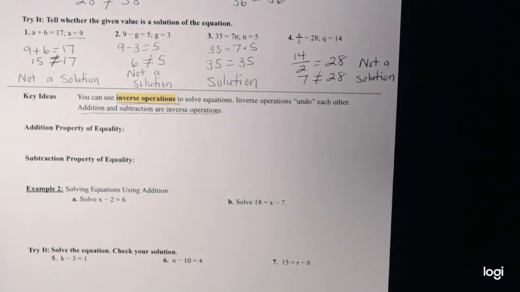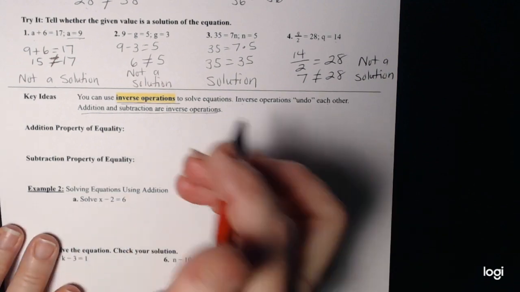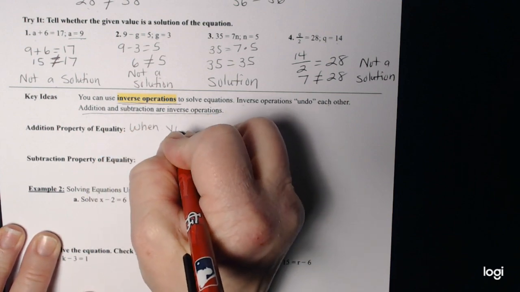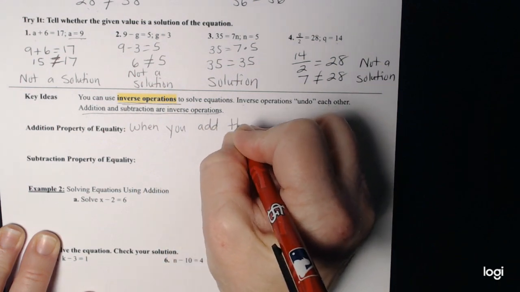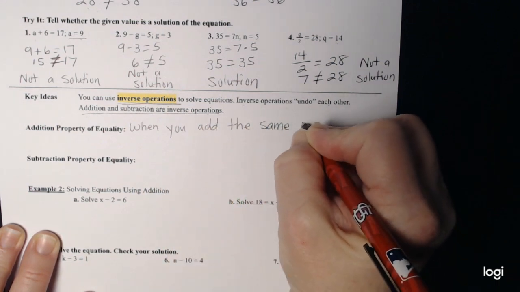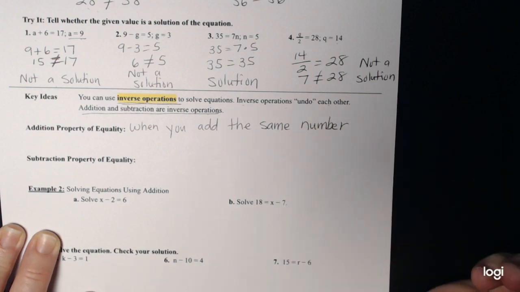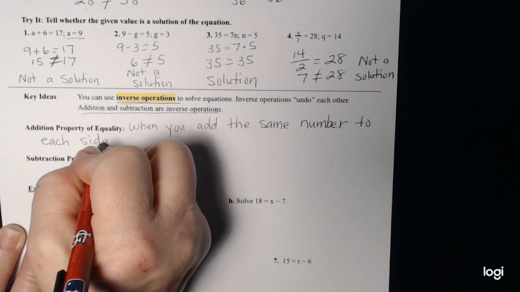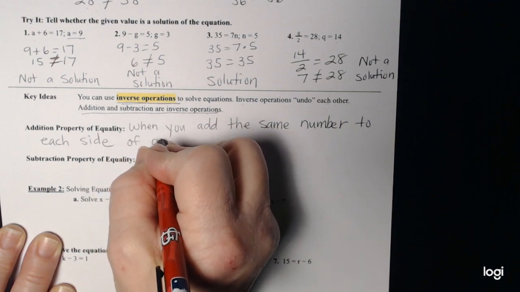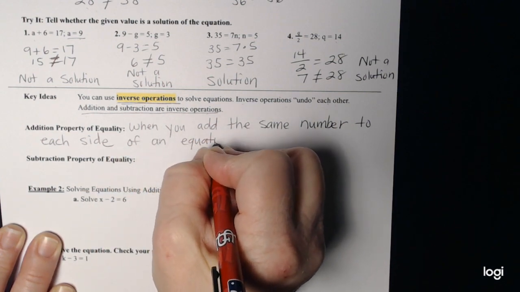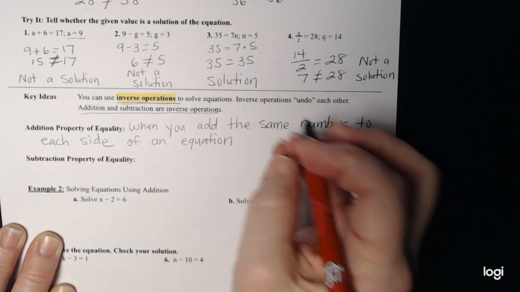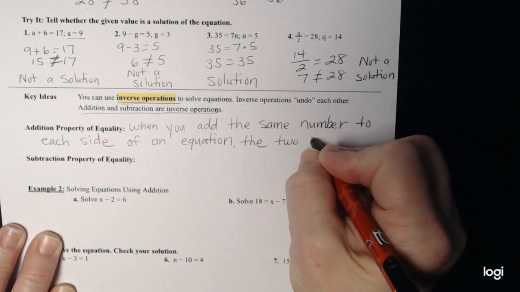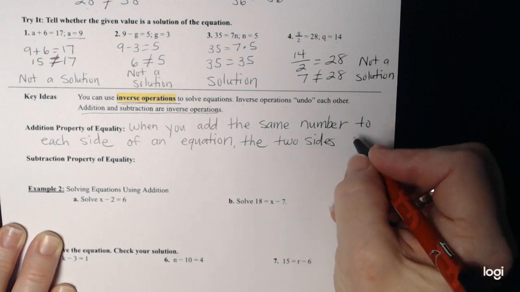So we have here the addition property of equality. We're going to write the definition right here: it's when you add the same number to each side of an equation, and then when we do that, the two sides remain equal.